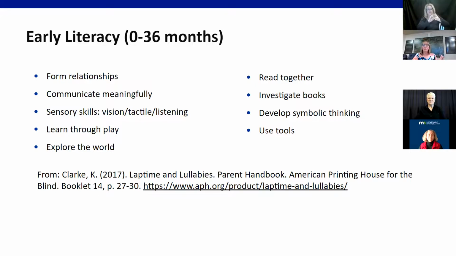It is not always a parent, but many times it is, but some significant person in starting to form relationships with others is huge. Communicating meaningfully, again, having the ability to somehow start to communicate, gesturing, facial expressions, utterances, whatever it is, but really starting to communicate wants, needs, and requests.